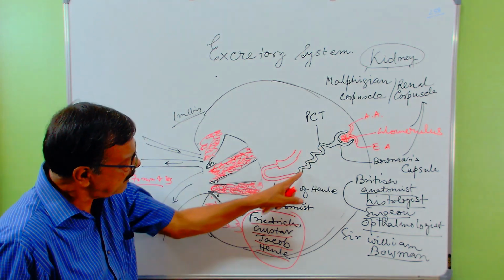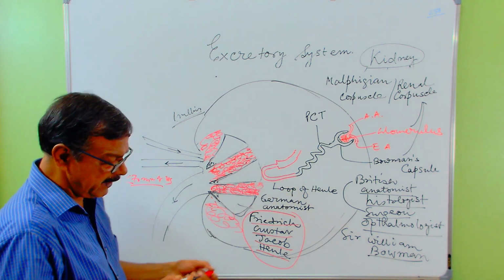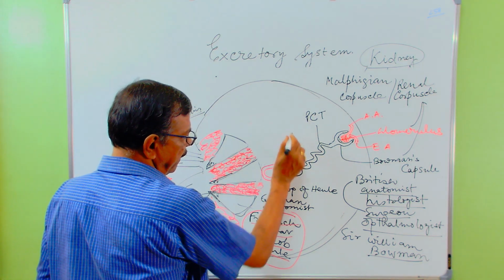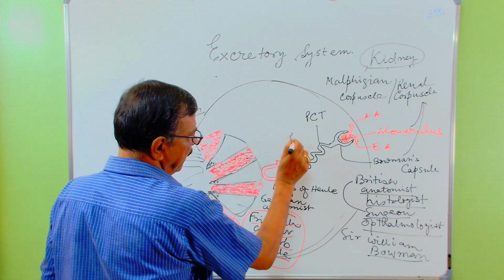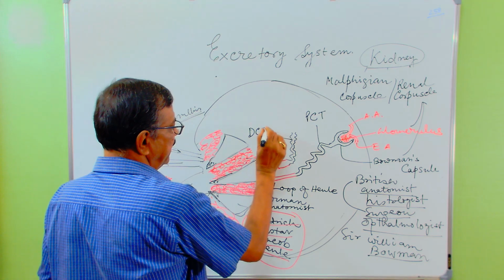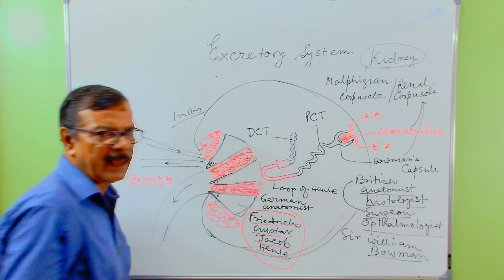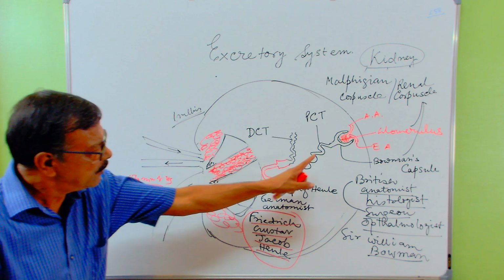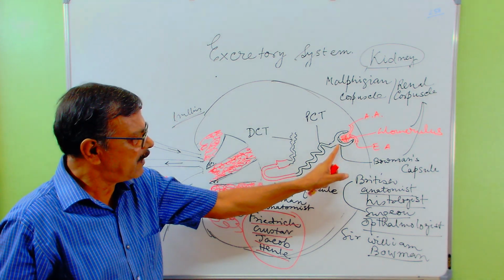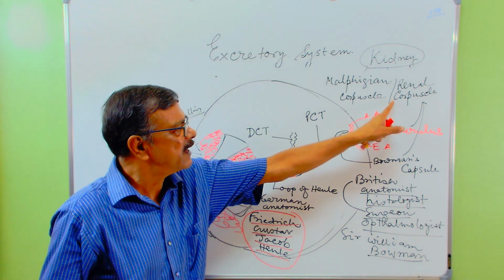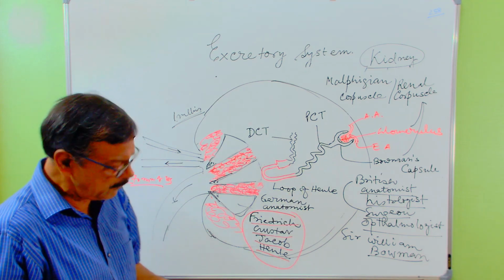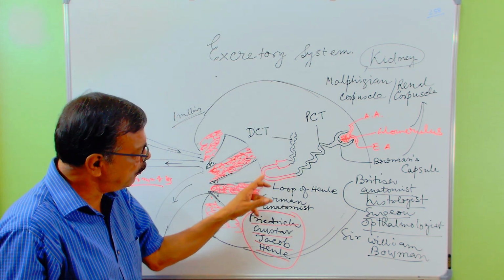Now this is the proximal convoluted tubule. This is the loop of Henle. Again it becomes convoluted. It is known as the distal convoluted tubule. Clear? So nephron consists of this. Glomerulus and Bowman's capsule together form the renal corpuscle, and then the proximal convoluted tubule, and then the loop of Henle.